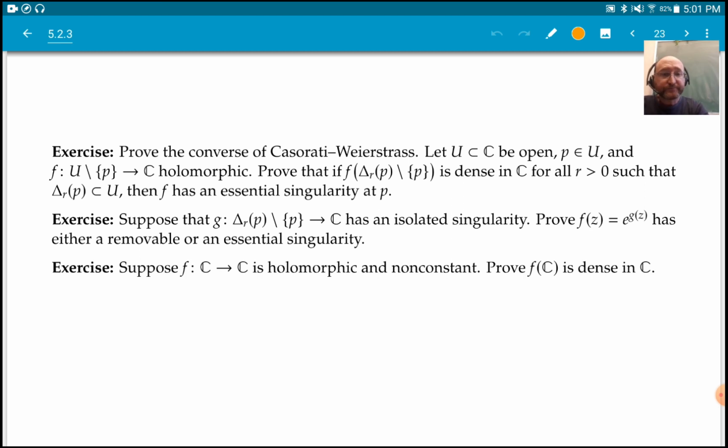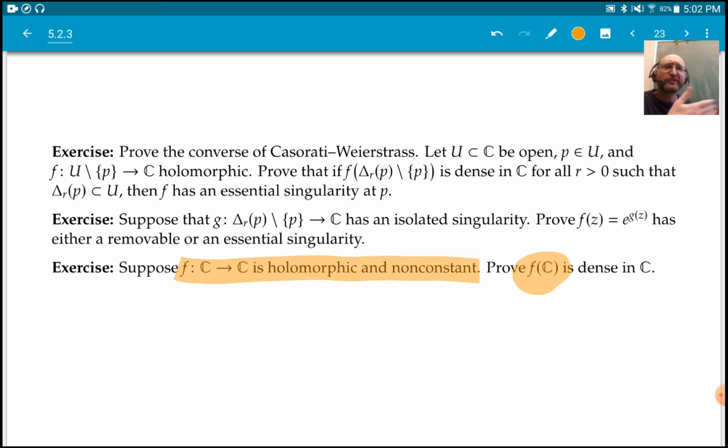All right, now suppose that we have an entire non-constant function f. So now we're not talking anything about what kind of singularity it has at infinity, but it just has some isolated singularity at infinity. Now prove that the image of f is actually dense in C, right?